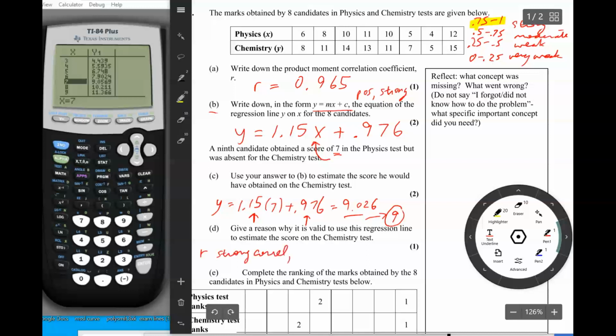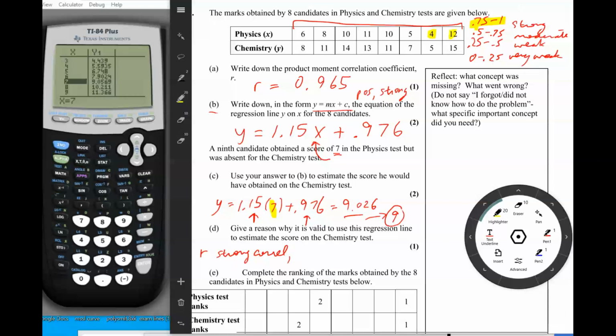The other reason is, do you notice that the value 7, the physics exam score that they're asking us to predict the chemistry exam for, if you look at the values of the physics exams that we sampled, 7 is within this interval of data, right? The smallest physics score we got was 4. The largest was 12. 7 is within that data.